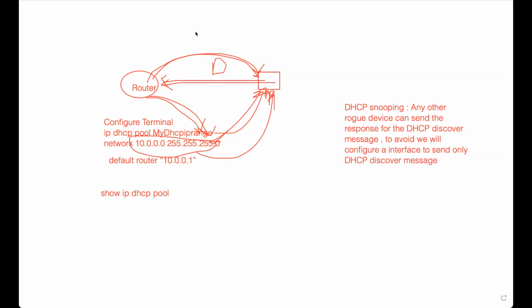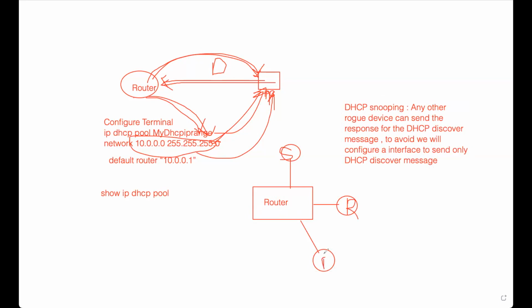Meaning, let's say this is the router, and there are 3 devices connected here. This is the DHCP server. This is a rogue device.